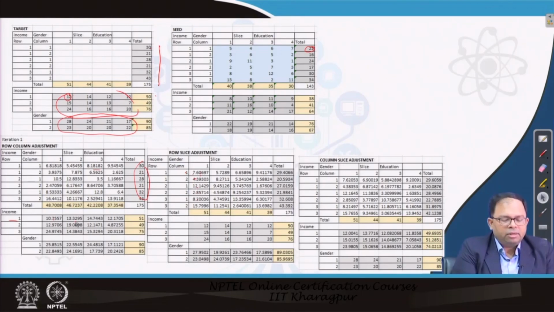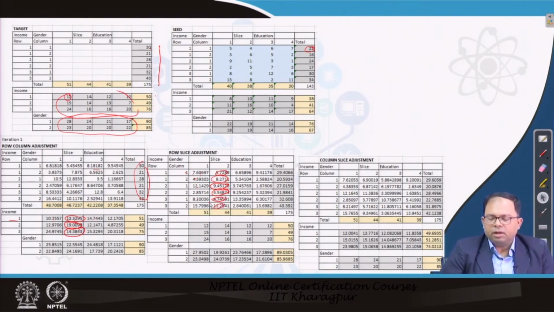For this one we divide 14 by 13, and then multiply that here. Then for income group 2, we multiply over here, and for this income group we multiply here and here.